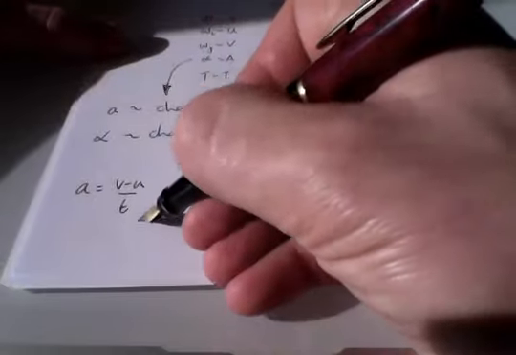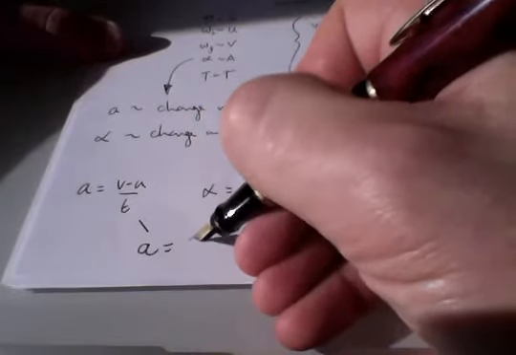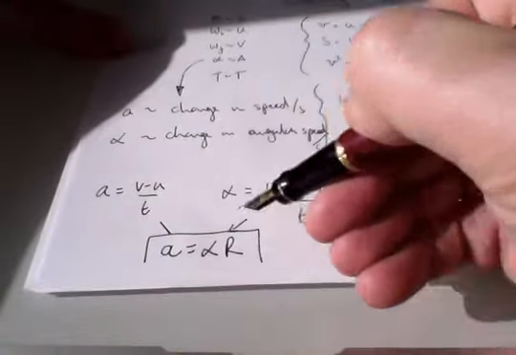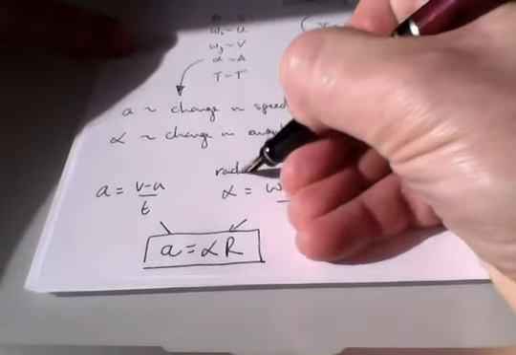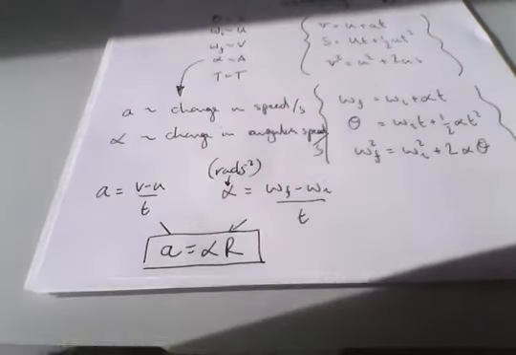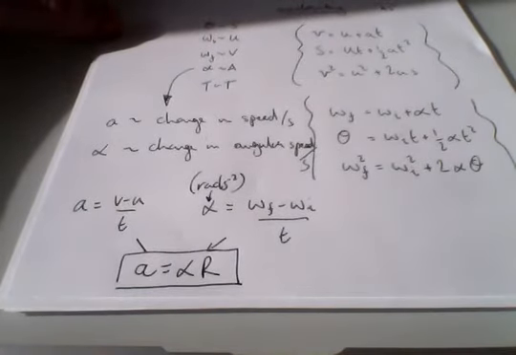And the link between the two is that the real, or linear, acceleration is alpha r, just like before. And of course, alpha is going to be measured in radians per second squared. Good. Now, let's try some examples. And hopefully it all makes sense. I'm going to leave those kinematics up there, and hopefully we'll be able to use them neatly. There are 2 examples coming up.